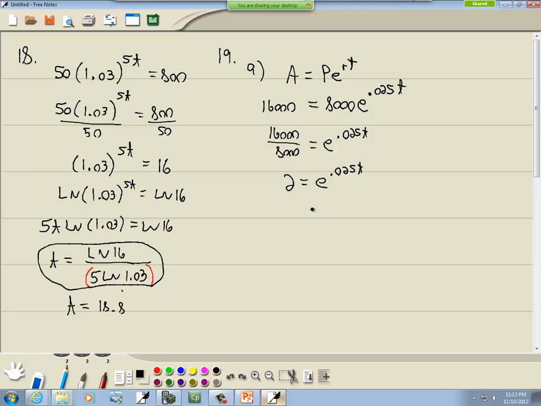Well, now we're going to take natural log of both sides. So we've got natural log of 2 is equal to natural log of e to the 0.025t. Well, this natural log and this e cancel away, and you've got 0.025t. And then divide both sides by 0.025. So we've got natural log of 2 divided by 0.025, and that'll give us our t.